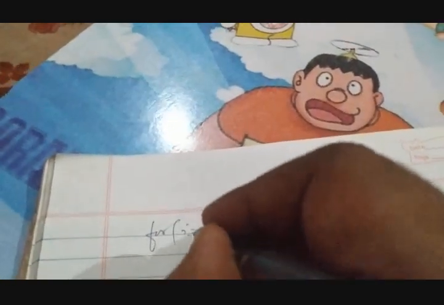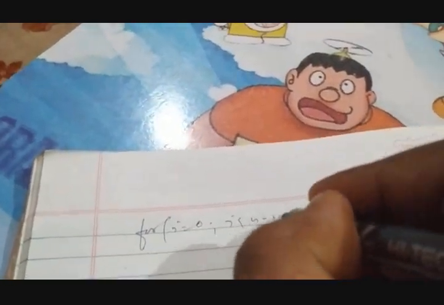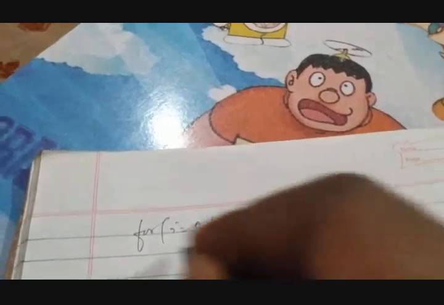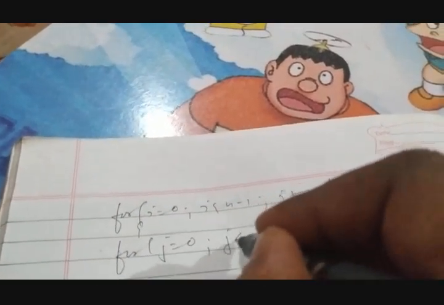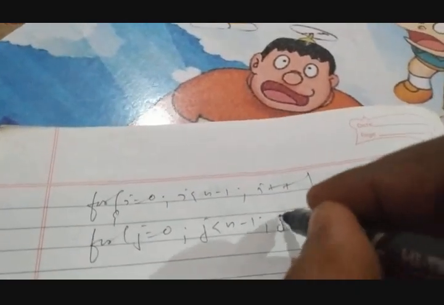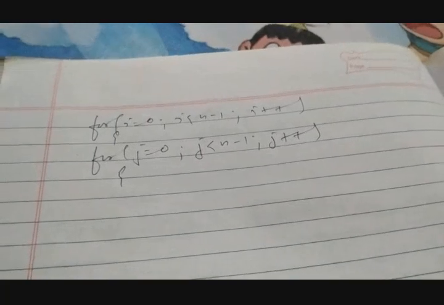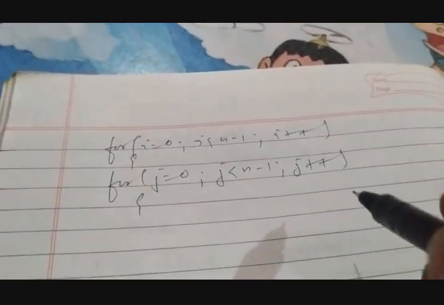Temperature will be used for i equals to 0, i less than n minus 1, i plus plus. For j equals to 0, j less than n minus 1, j plus plus. And this is also one of the ways.